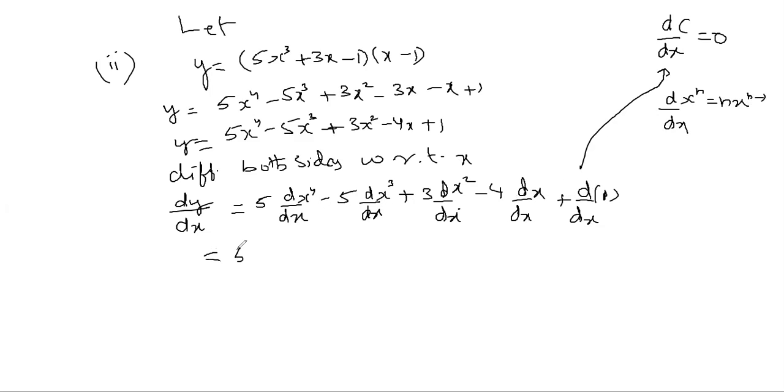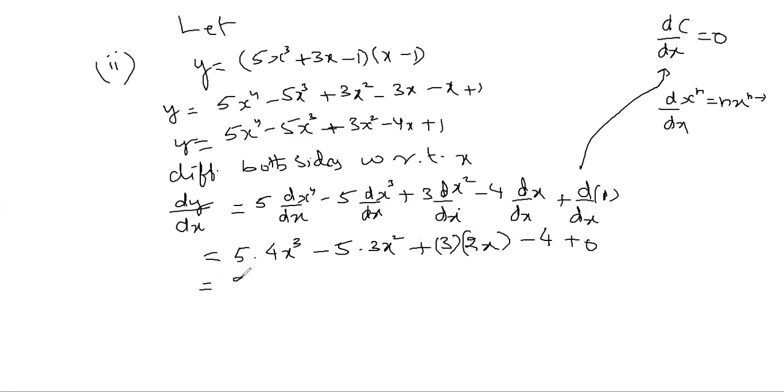So 5 is there, and as per the formula the differential of x raised to power 4 will be 4x cube, minus 5. Differential of 3x raised to power 3 will be 3x square, plus 3 into the differential of x square, which is 2x, and the differential of x is 1, plus 0.